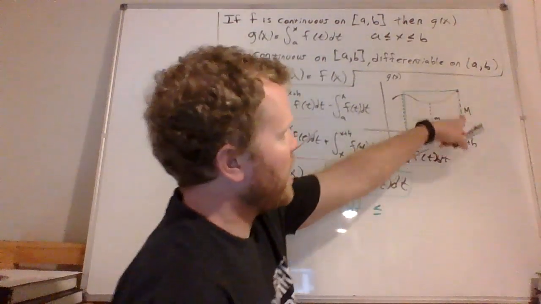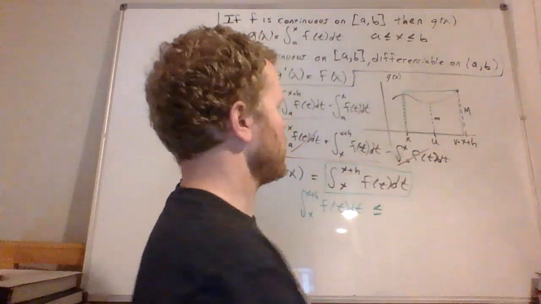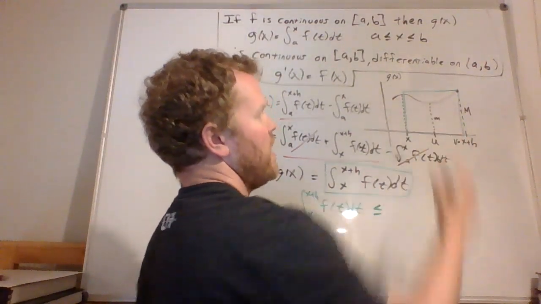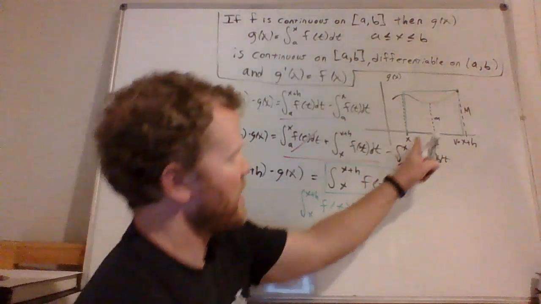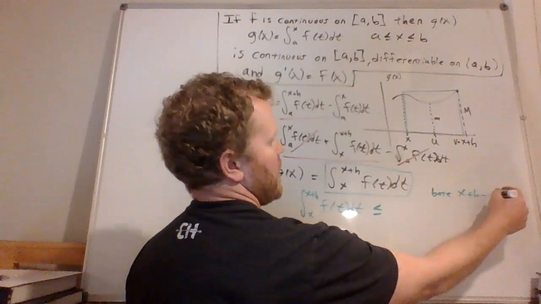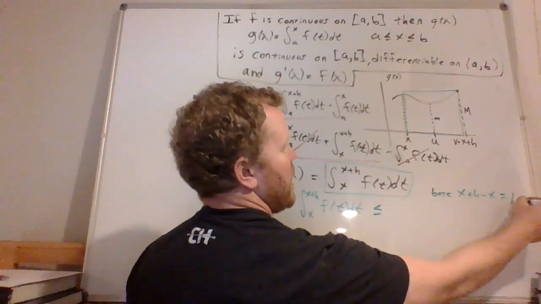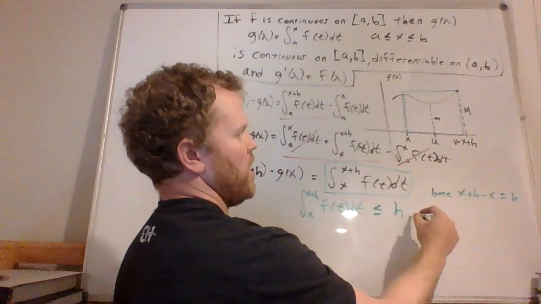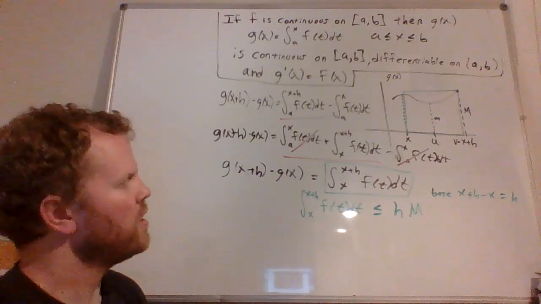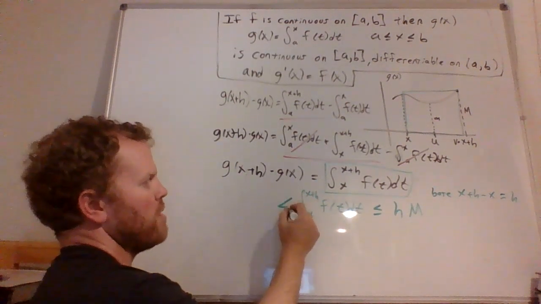So I called the height of that highest point big M. The base of that rectangle is x plus h minus x, so the base is just h, and the height I'm calling big M for the maximum value in that interval. And I can sandwich it in between.